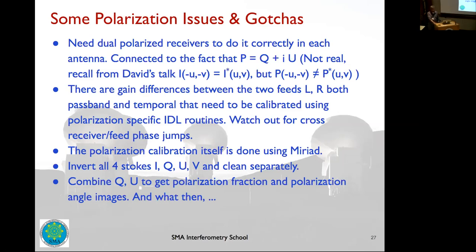If you need to do it simultaneously, then obviously. But the SMA is broadband enough that the wave plates work very well across the band. So if there's something like Faraday rotation that you want to measure, you can do that fairly well with the SMA. But there might be some cases where it would be good to get a larger frequency coverage.